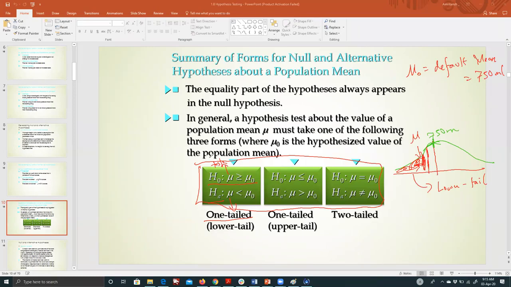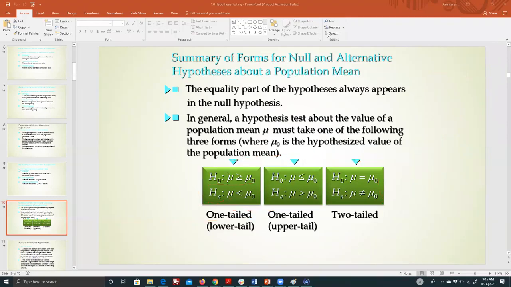What about two-tailed? You can play it like this. Say there is a medicine, and in medicine both directions are bad. You cannot go beyond it. Let's say you are claiming it is 500 mg. Medicine has to be very clear.